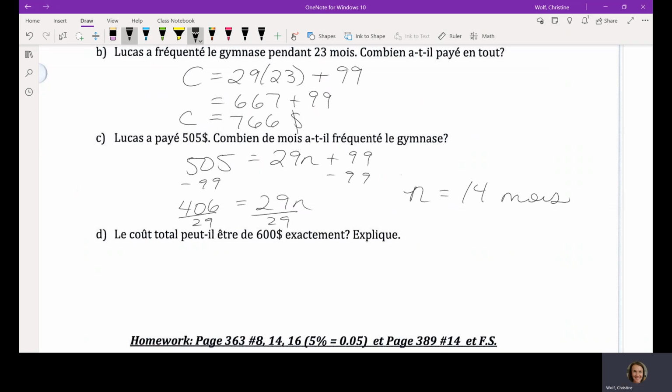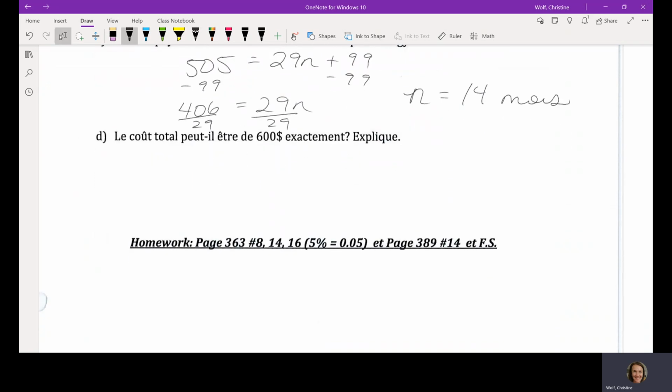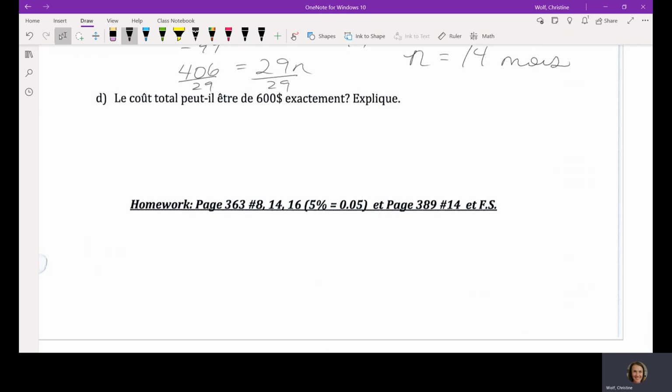Okay, and I'm ending with one of those questions. Is it possible? Yada, yada, yada. So, vous avez l'option de faire une phrase ou juste me montrer avec la mathématique. Est-ce que c'est possible que le coût total était $600 exact? So, je veux remplacer coût avec 600 et cela représente 29N plus $99.